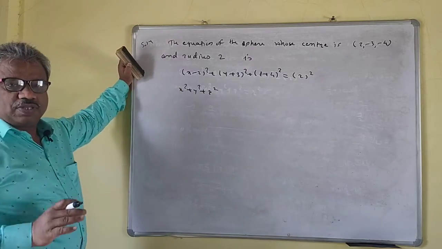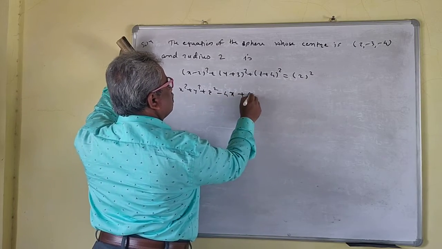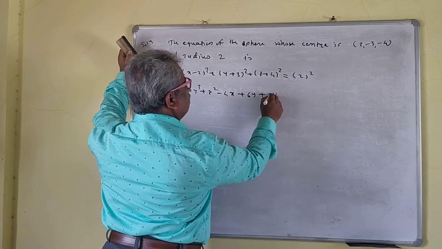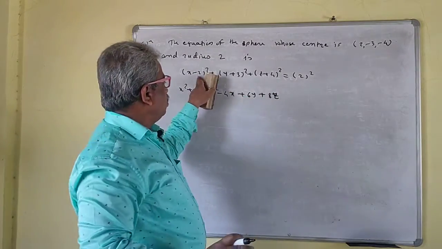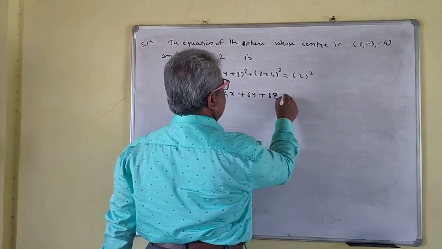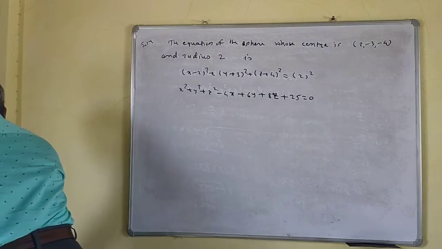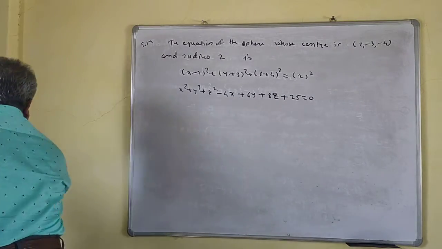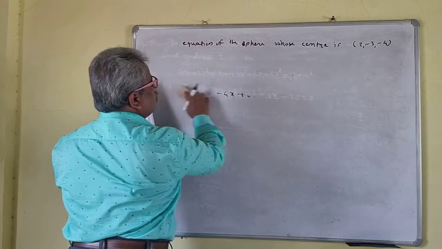Now write the middle terms: minus 4x plus 6y plus 8z, and the constants 4 and 2 square get cancelled. So 4 plus 9 plus 16 is 29, minus 4 is 25. So plus 25 is equal to 0. Okay, so this is a straightforward question. Maybe asked for the competitive exam or this online exam.